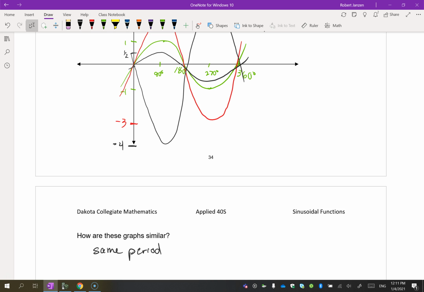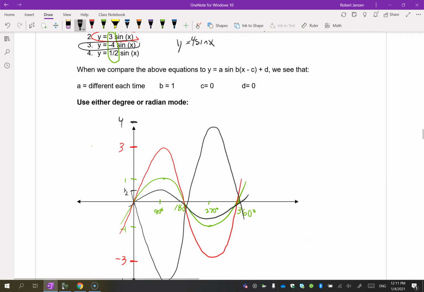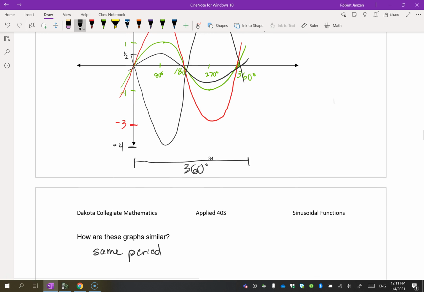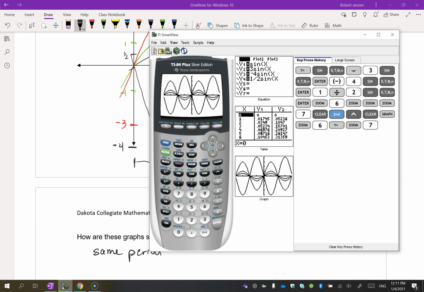We should quickly talk about period. In the case of all 4 of these graphs, the period is 360 degrees, but that's degree mode. If we did the graph in radian mode, then instead of 360, it would be 2 pi. We have to remember that the graph will look the same, but the scale will be different. How would you change that? If you look at my graph here, you can't tell whether it's radians or degrees, but if you go to mode, you can see I have it in degrees.